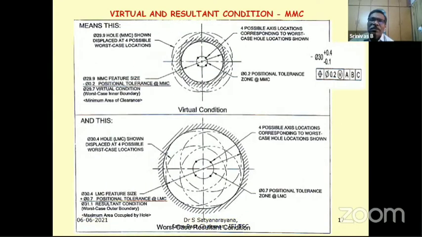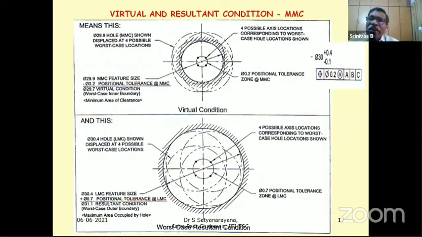Yeah. Next slide. Yeah, you have seen that there is a hole of dia 30. Its tolerance is plus 0.4 minus 0.1. Now you are asking about maximum material, virtual condition and resultant conditions. We would say what is virtual, what is resultant condition.